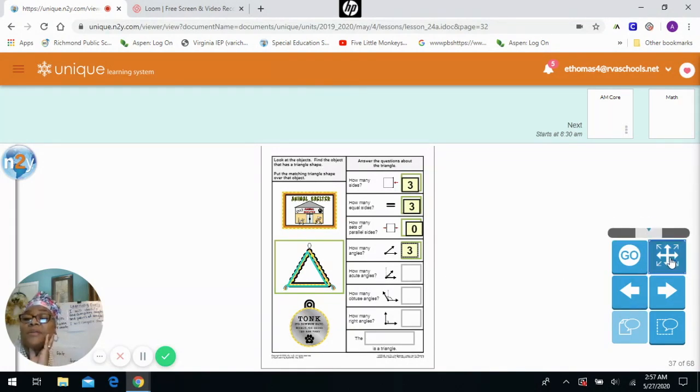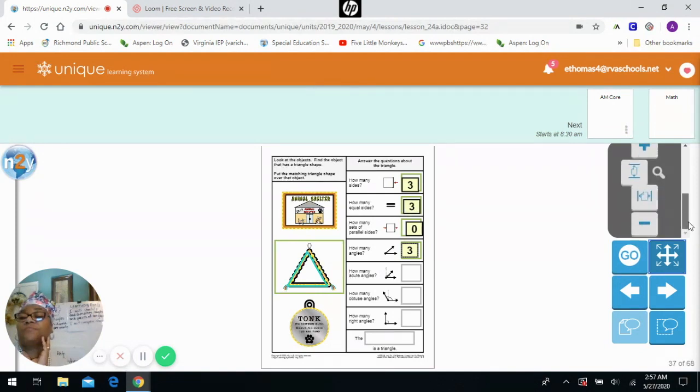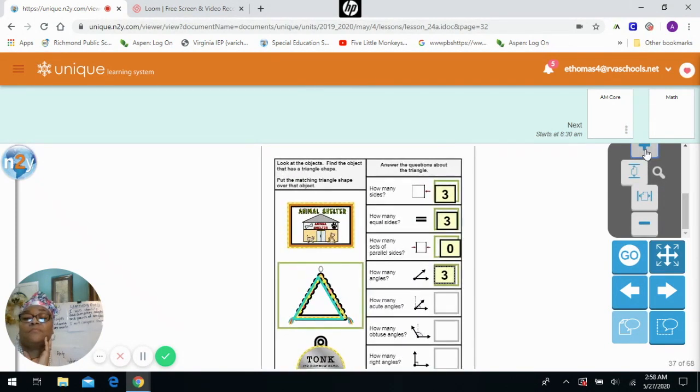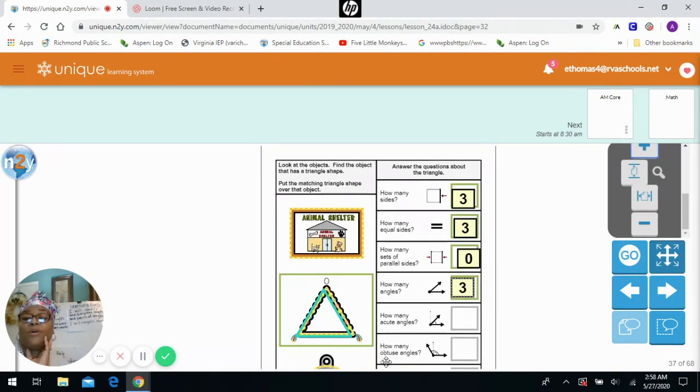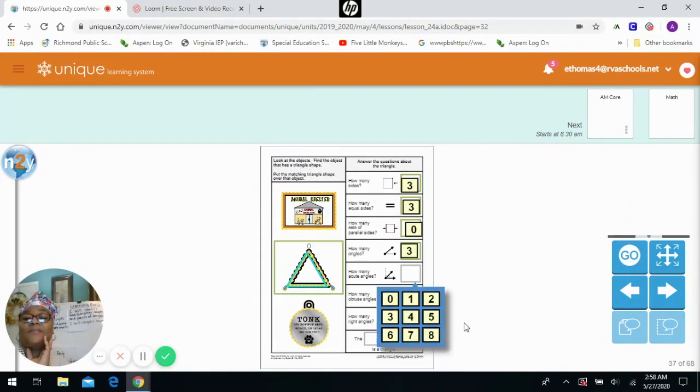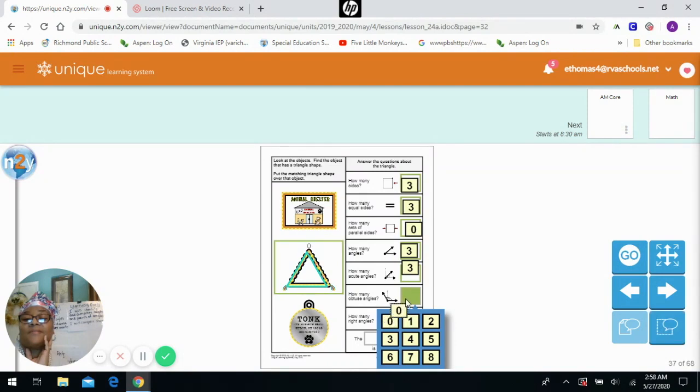Let's make it bigger so I can see that. Okay, so how many acute angles does it have? And it has 3, yes. How many obtuse angles? How many wide ones? No, it has none.